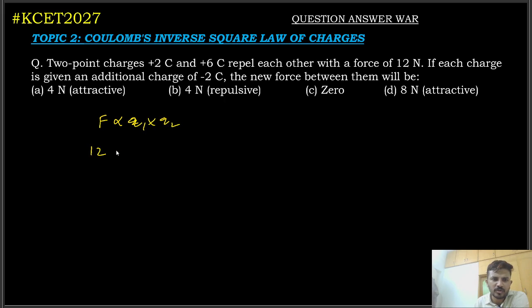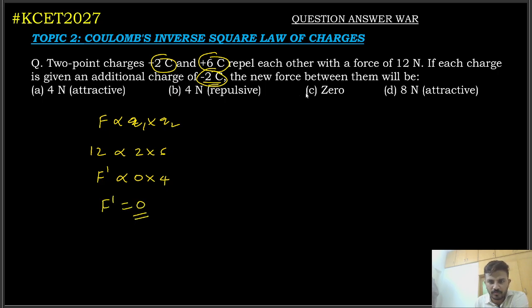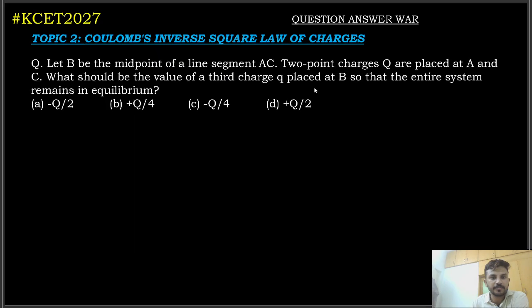So 12 is directly proportional to 2 into 6. The new force F dash is directly proportional to the charges after adding negative charge, so 2 minus 2 is 0 into 6 minus 2 is 4. So F dash is equal to 0. So option C is correct.